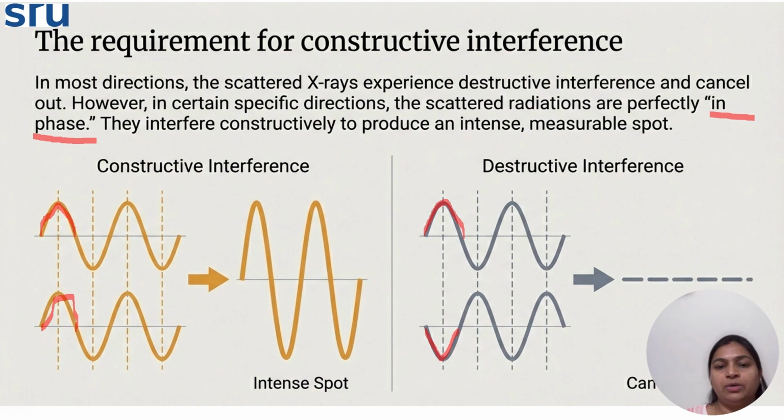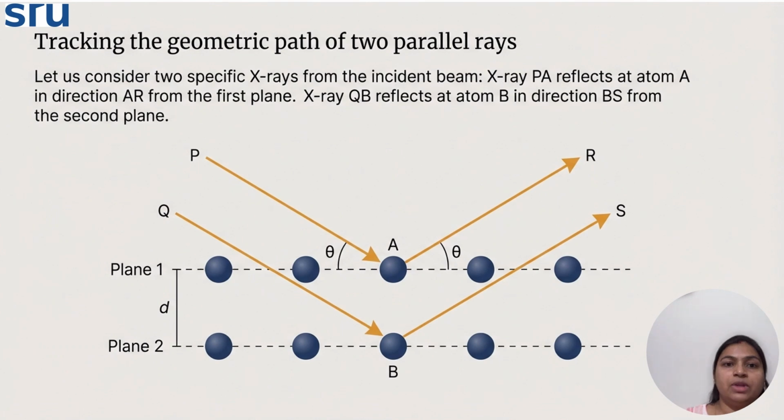So now, moving forward, let us see how Bragg's law concept comes in. Now the geometric path of two parallel rays. Let us consider two specific X-rays, one is PA and another is QB.